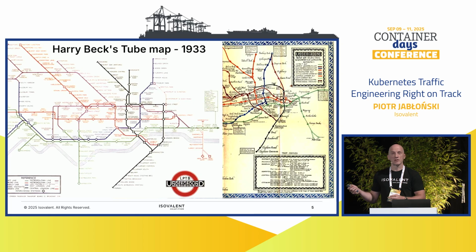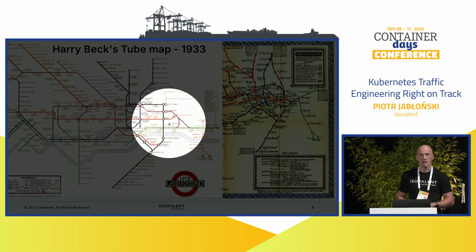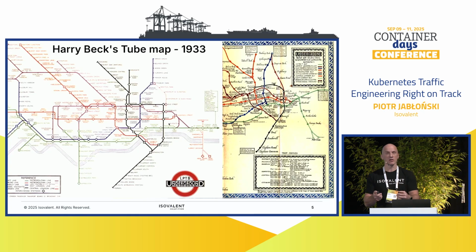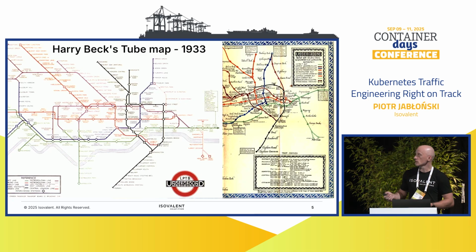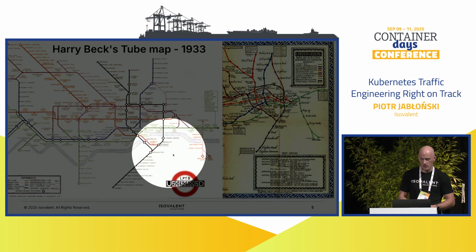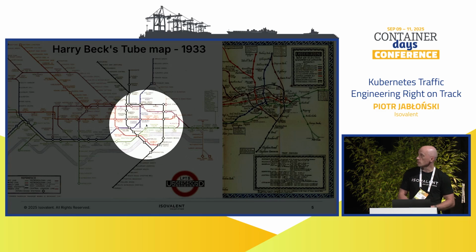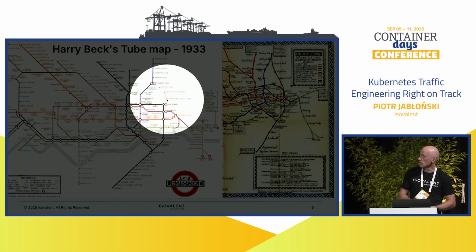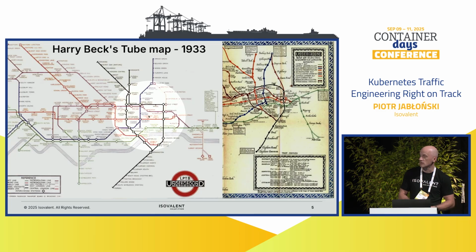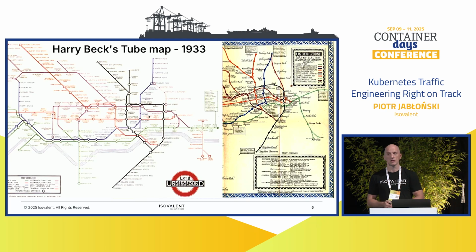The idea is that Harry abandoned the idea of synchronization between the tube underground lines with the geographical location. So central London is stretched a bit, making more space for different shapes of lines, which makes them easier to read. Why am I saying this? Because it's the same for Kubernetes.